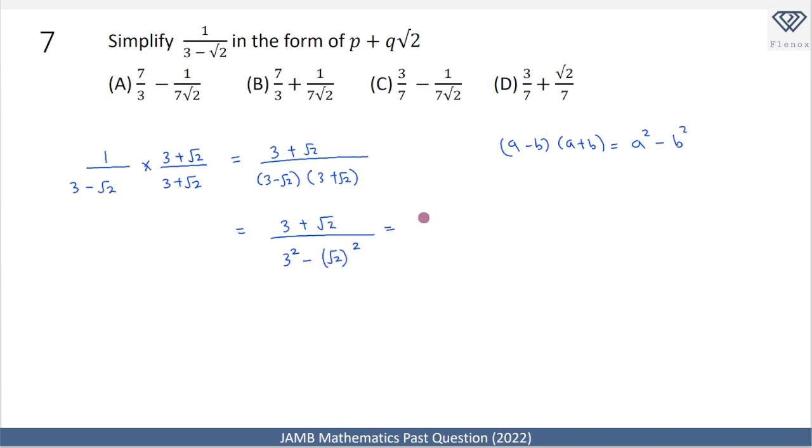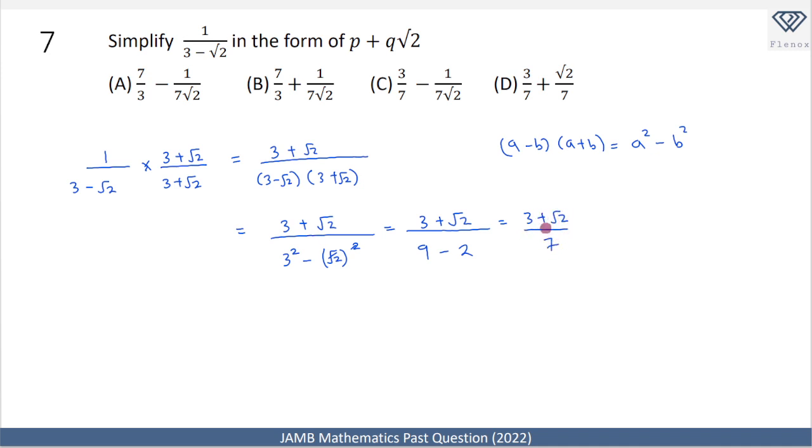Now 3 squared is 9 and root 2 squared, this square is going to cancel this square root, is 2. So this is going to be 3 plus root 2 over 7.